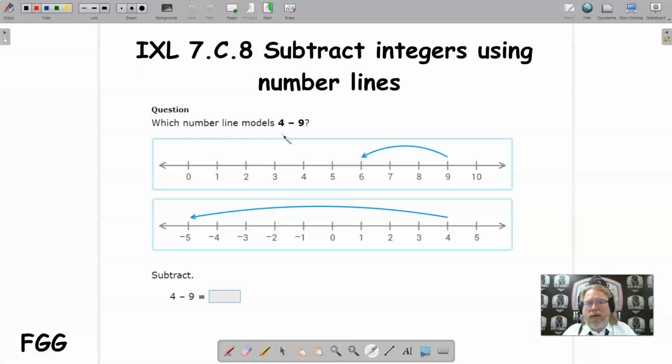So we're going to go ahead and do subtraction of integers using number lines, like we did in a previous activity where we were adding integers using number lines.